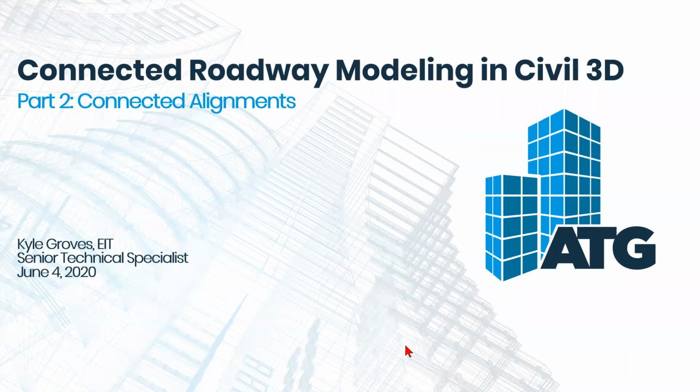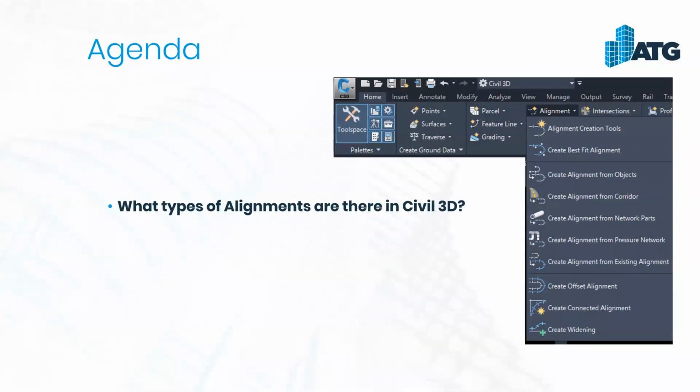So that's why it's important for us to talk about the different types of alignments and how to work with them before we go into the actual construction of an intersection with a corridor, which will be that third part, date TBD. What we're going to talk about today: we're going to go over a brief review. What types of alignments are there in Civil 3D? Over time, our Home tab and our Create Ground Data panel has gotten bigger and bigger, and now you're going to see a whole mess of different ways that you can create alignments in Civil 3D.